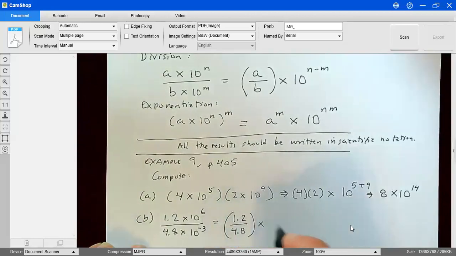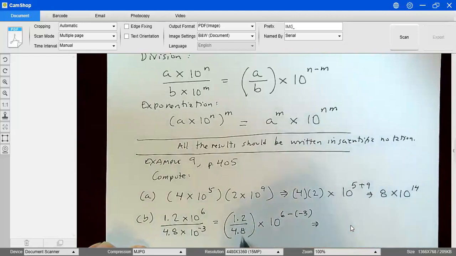Then we're going to get the power of 10. So we're going to have the exponent from the numerator minus the exponent in the denominator. So check that the power of 10 in the denominator has a negative exponent, and we need to get first the negative corresponding to the operation. And then you just simplify this.